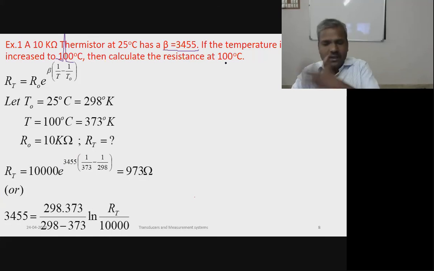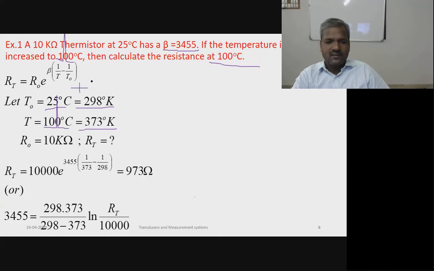Use this relation. We consider T naught equal to 25 degrees Celsius, immediately converted to 298 Kelvin. Then T equal to 100 degrees Celsius, converted to 373 Kelvin, simply by adding 273.